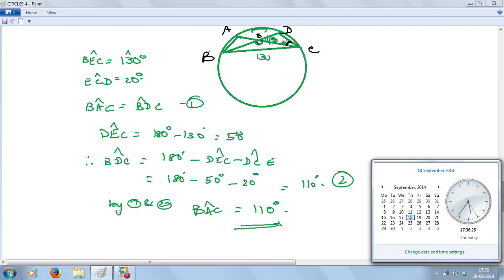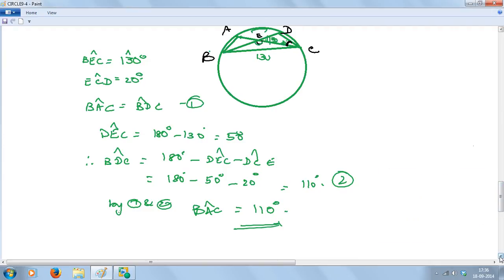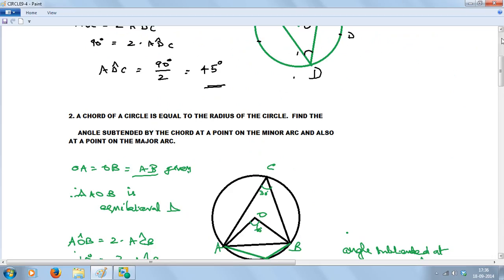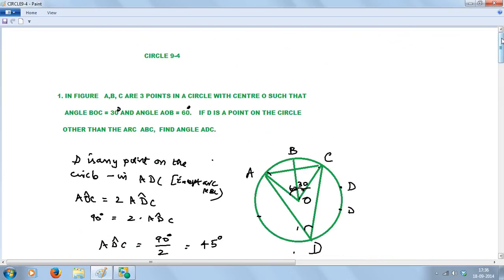So in the triangle, we have to observe what they have given and what we can find out. We can find the third angle. So we have worked out some examples. What we have observed, we are trying to remember the theorem and apply it.